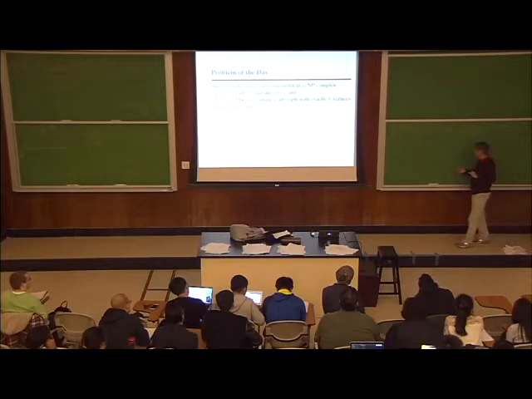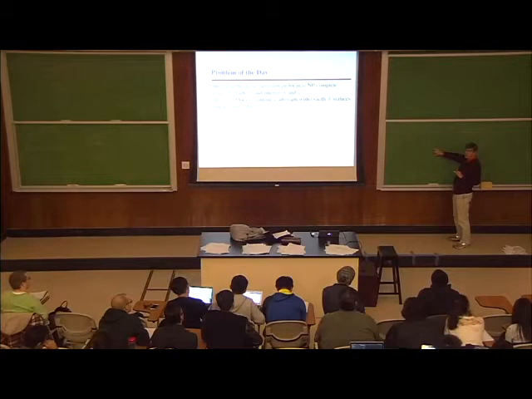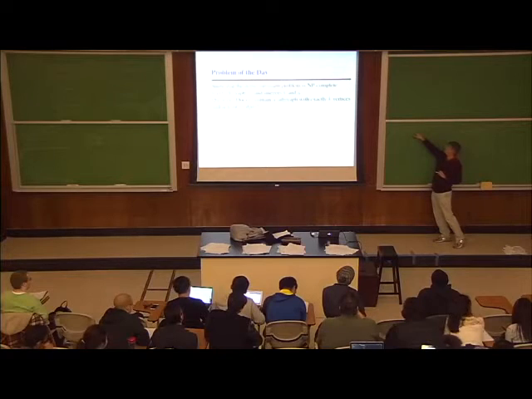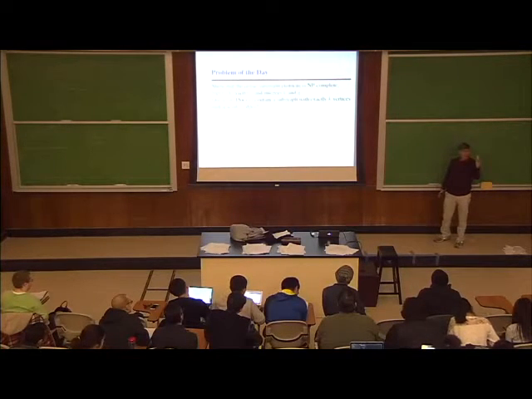Do we agree that asking, is there a subset of K vertices with at least K choose 2 edges, is the same thing as asking, is there a subset of K vertices such that all pairs are connected? This is when I want to see some vigorous head shaking.